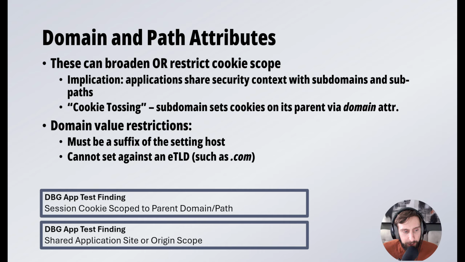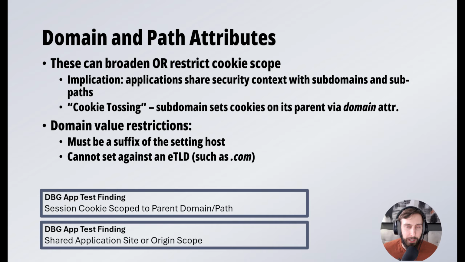There's also another finding that I didn't mention before, where cookies are set and they're not sufficiently restricted. So, session cookie scoped to parent domain or path. That would be a situation where there's an application served on a subdomain, and the cookie is overly scoped and therefore is by default shared to applications, when the user browses to them, that probably should not have access to those.